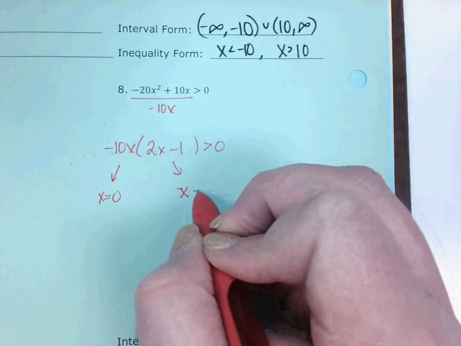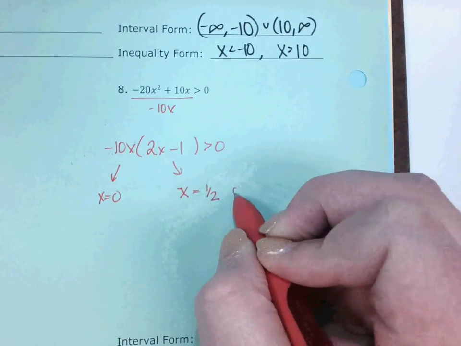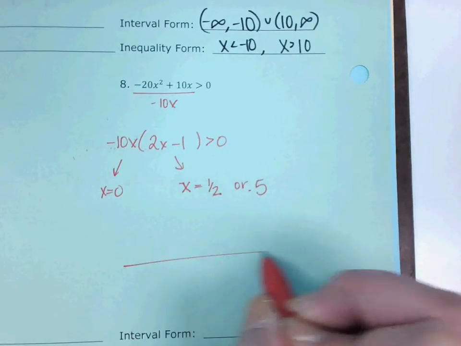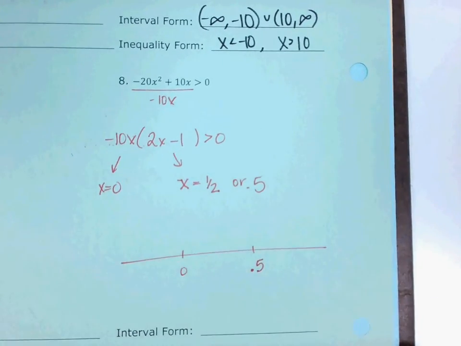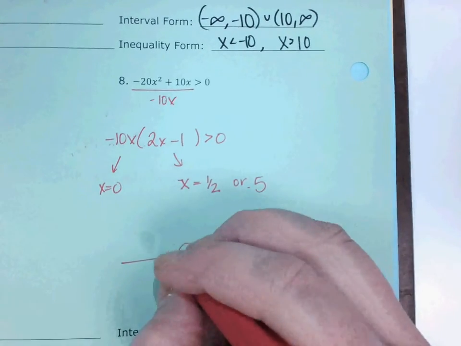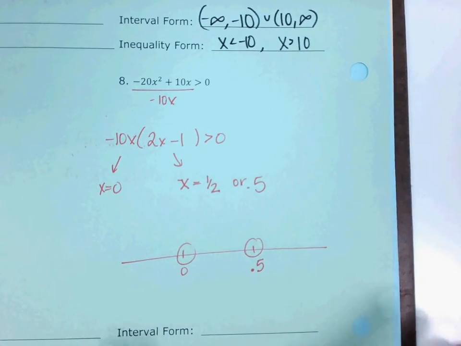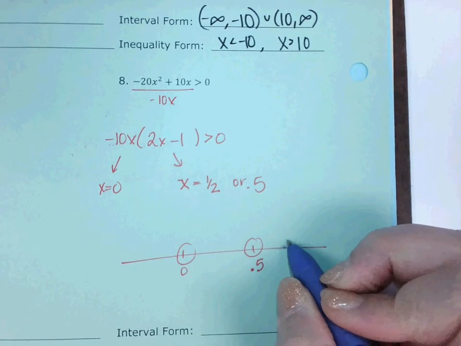And then I would think about if that's a half, really it's kind of like a 0.5. So on the number line, if that's a 0.5, what could I pick that would be between 0 and, well, just think like a little bit bigger, you could do 0.6 on that side, and then maybe like 0.4 on the other side. So you'd have open, open. If I want to be a little bit bigger than 0.5, I could pick like 0.7 or something.